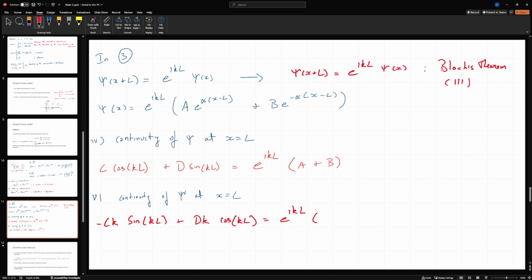On the inside, we can quickly look at this and find that an alpha will come here and a minus alpha will come here. Otherwise everything else is going to become 1. So we are going to have A alpha minus B alpha.